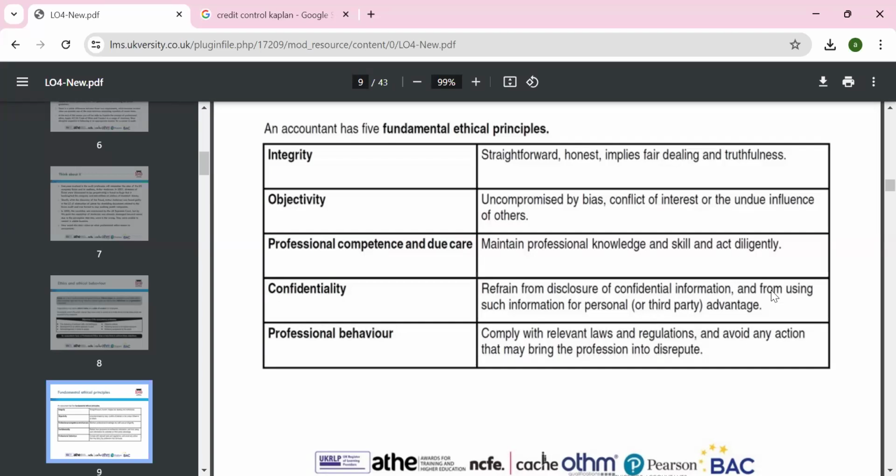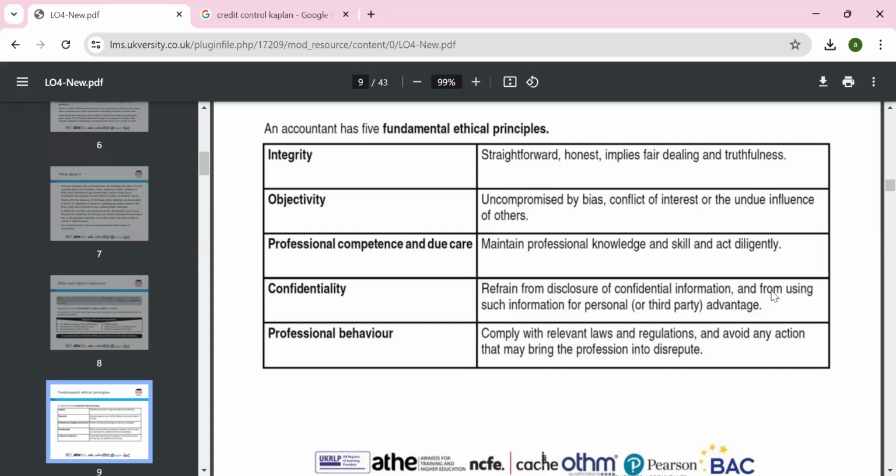Then objectivity, uncompromised. First, I is integrity: straightforward, honest, fair dealing. Then uncompromised objectivity means no bias, conflict of interest, or undue influence. Intimidation from family or friends, or client fees, can lead to undue influence.